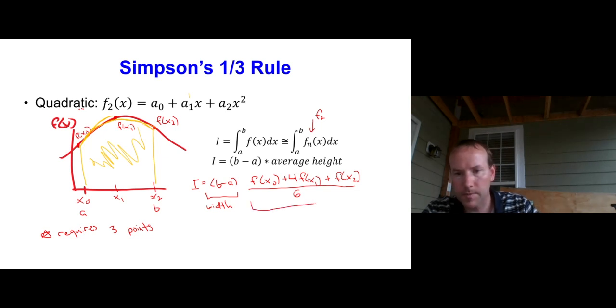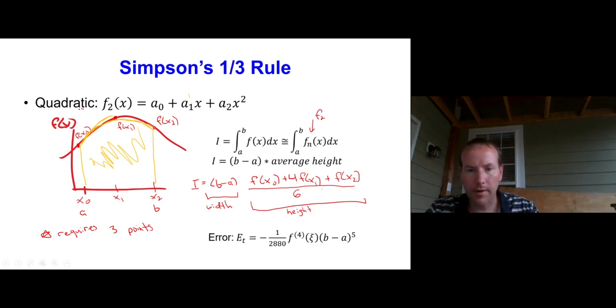So this term is the height. Okay? And so the error for Simpson's 1/3 rule has a 2880 in the denominator, which is going to be a much smaller error than what we had seen with the similar equation for the trapezoidal rule.